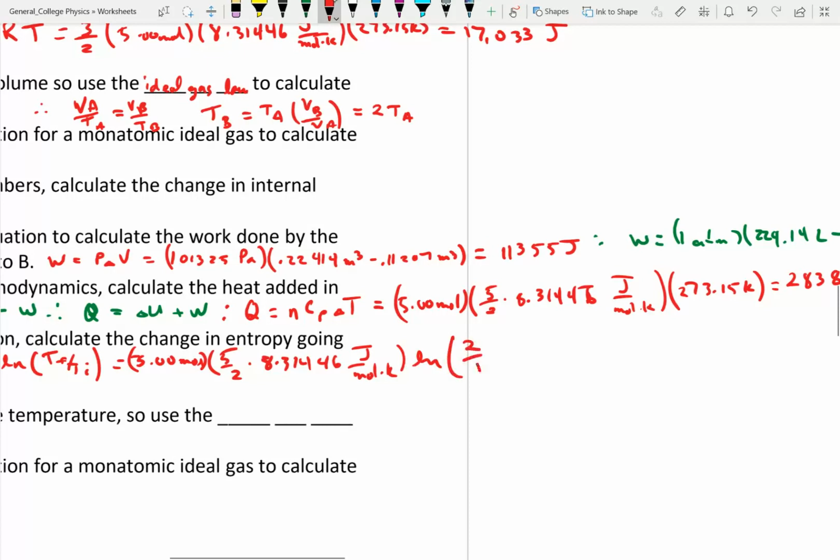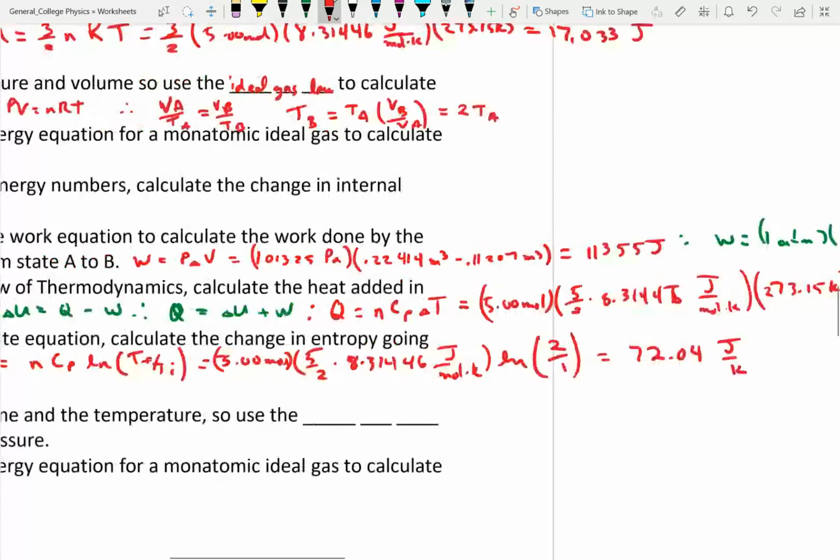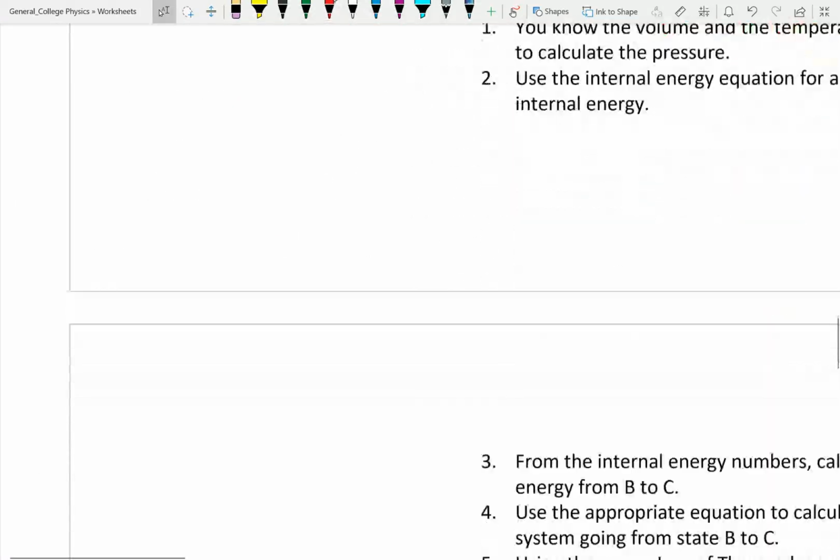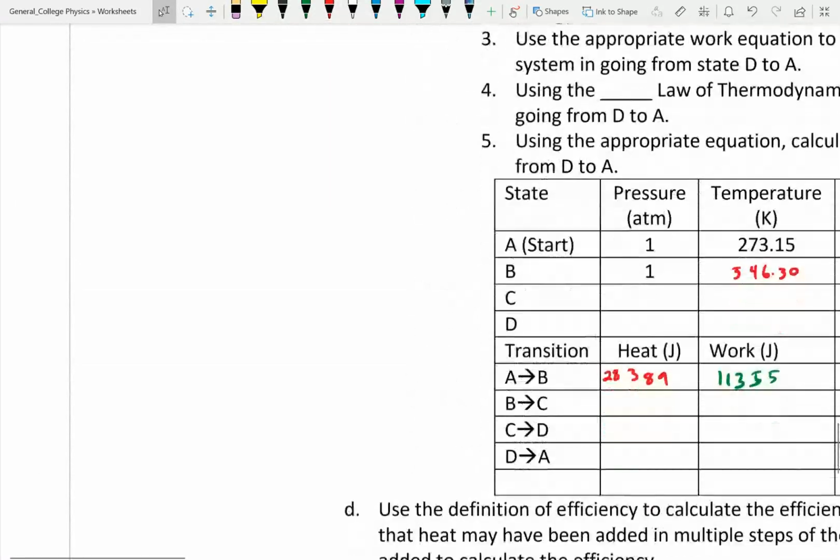I'm just going to put 2 over 1 there. It's quicker than writing out the numbers. And so doing that calculation, I have a change in entropy of 72.04 joules per Kelvin. So that fills out the second transition.